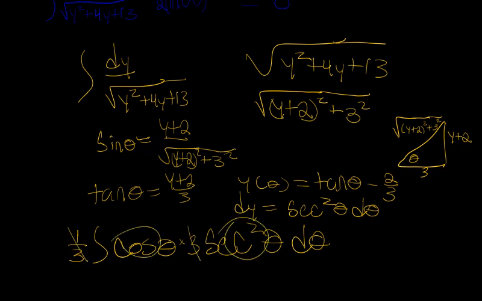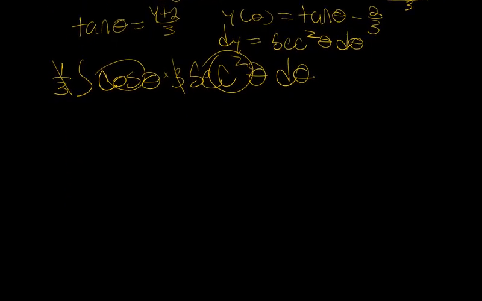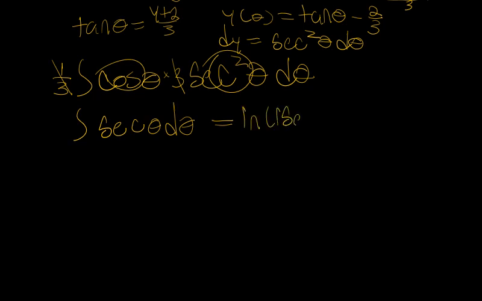The cosine reduces the secant by a power, and you end up with the integral of secant theta d theta. And that comes out to be ln of secant theta plus tan theta.